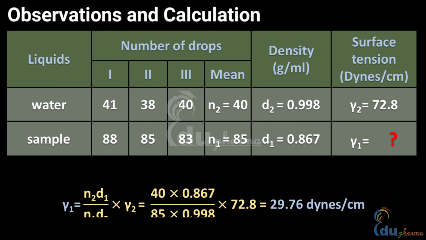Observation and calculation will be like this. We can calculate surface tension by substituting the values of N1, N2, D1, D2 and the value of γ2, that is the surface tension of water.